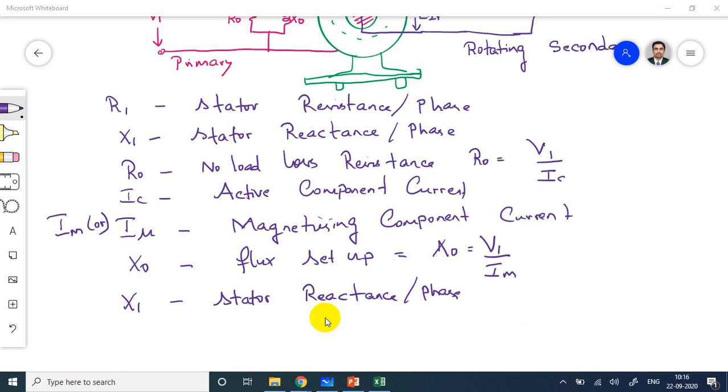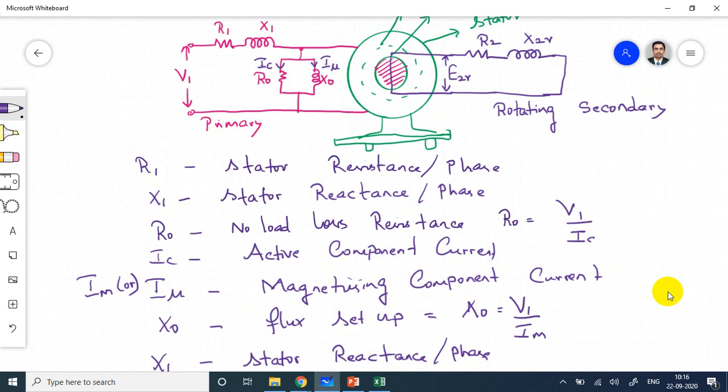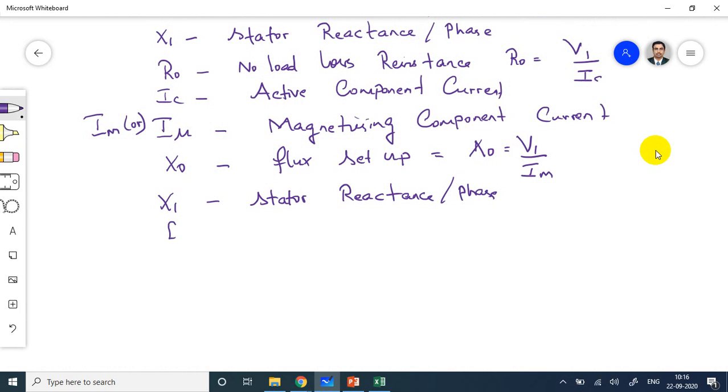Then E1 is the EMF induced in the primary, the induced voltage in stator per phase.